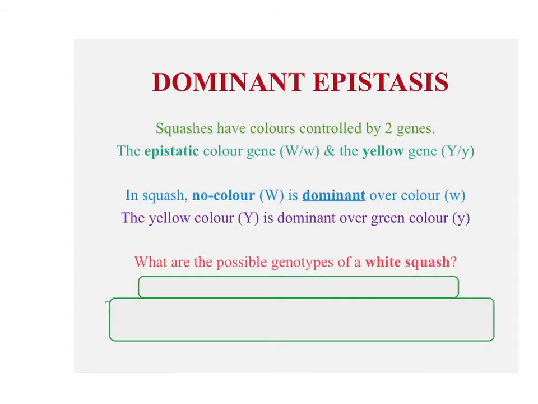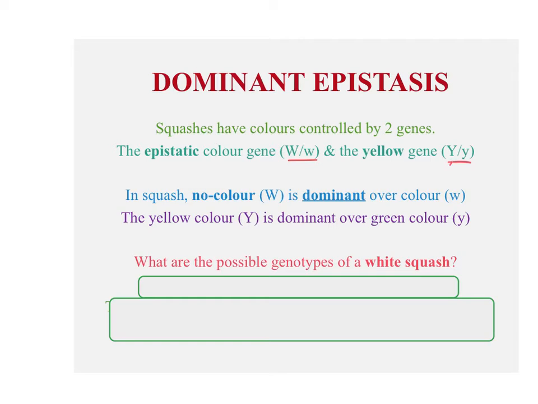Now here we've got another example. Squashes, like the vegetable, like butternut squash, are also a lovely example that they like to use in the exam. And squashes have got colours controlled by a couple of genes as well. So we've got the epistatic colour gene, big W or little w, and the yellow gene, big Y or little y.